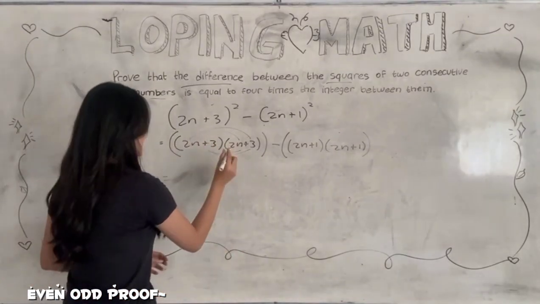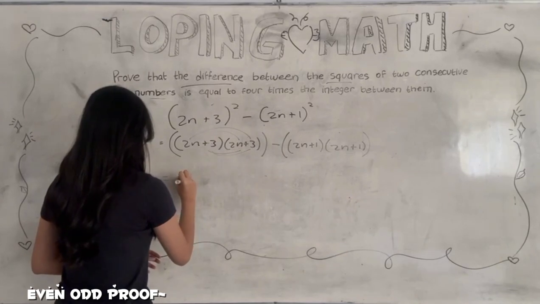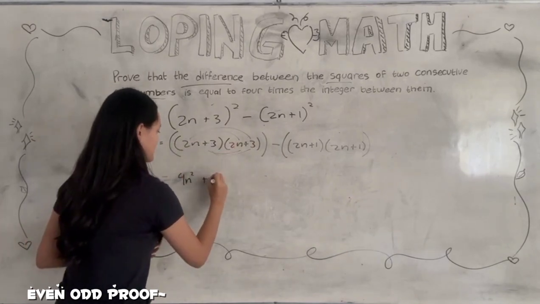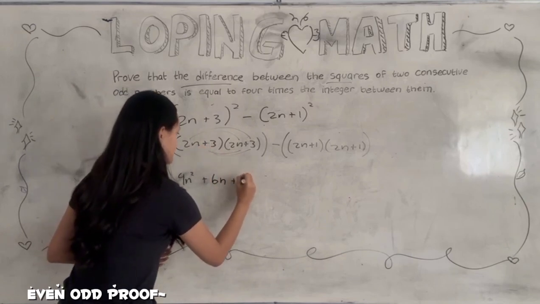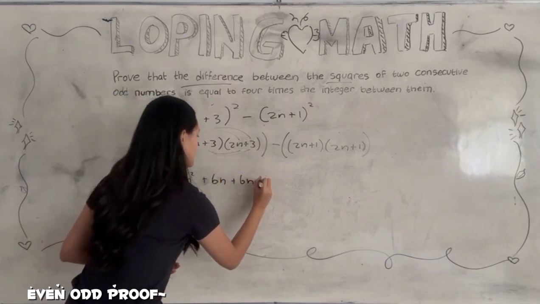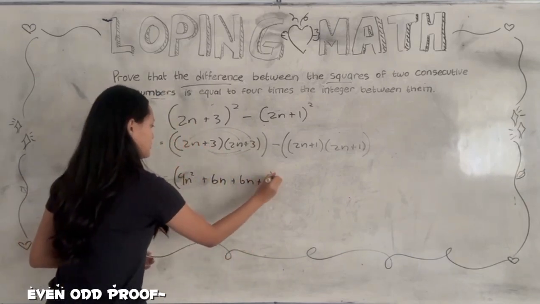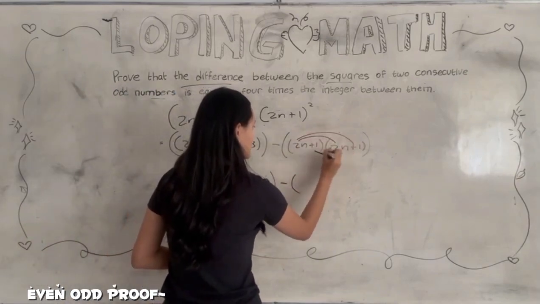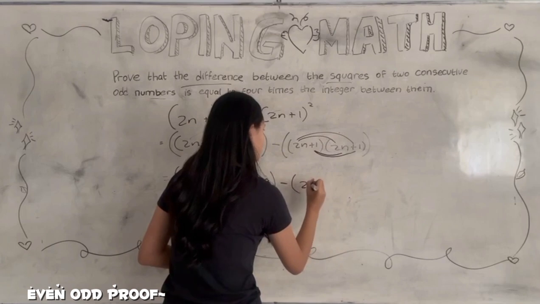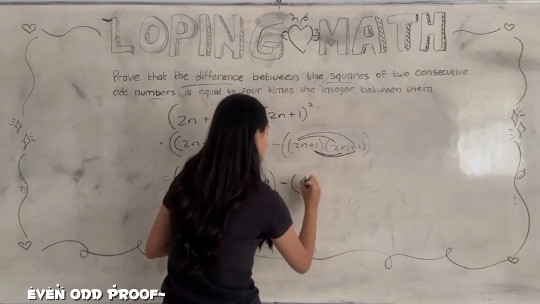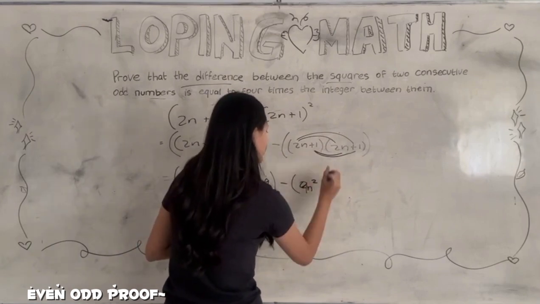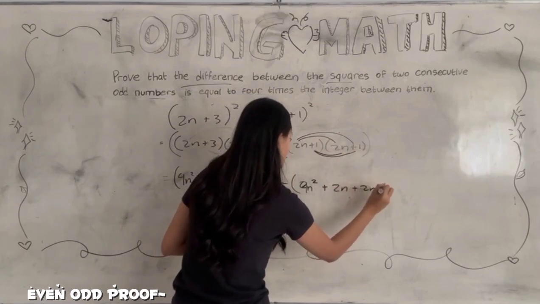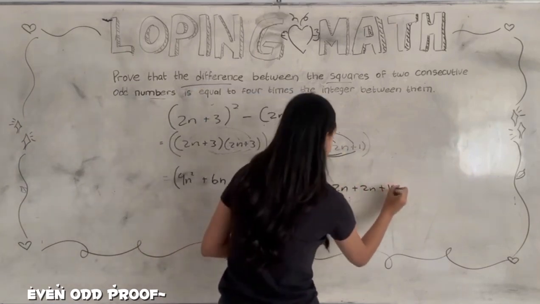So 2n times 2n equals 4n squared, plus 2n times 3, 6n, plus 6n, 3 times 3, plus 9, minus 2n times 2n, 4n squared, plus 2n times 1, 2n, plus 2n, plus 1 times 1, 1.